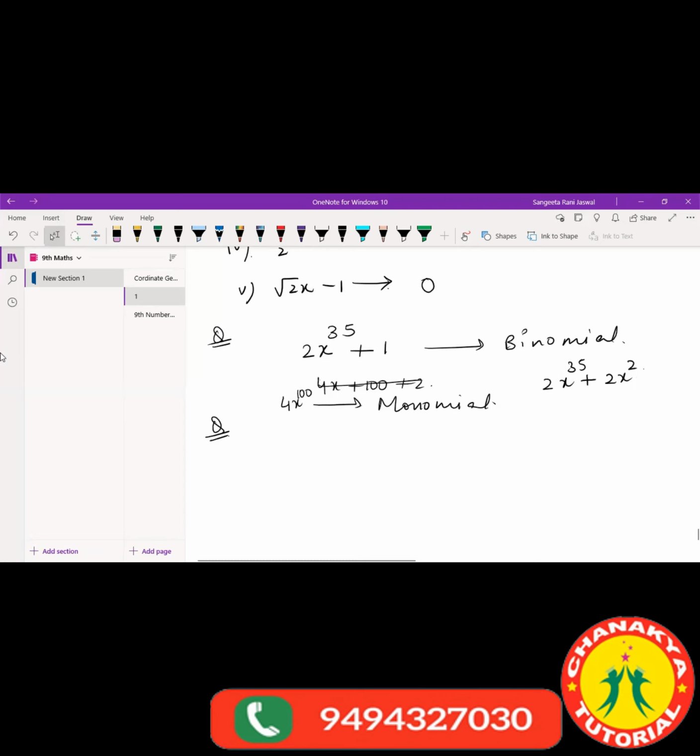Ma'am, suppose they give 2x square plus x is equal to 3x square, then the degree will be 1? If they give x square there also, then the degree will be? Degree is 2. The highest power is the degree, okay? Whatever is the highest power of the variable gives the degree of a polynomial. Okay? Whatever is the highest power. All right?